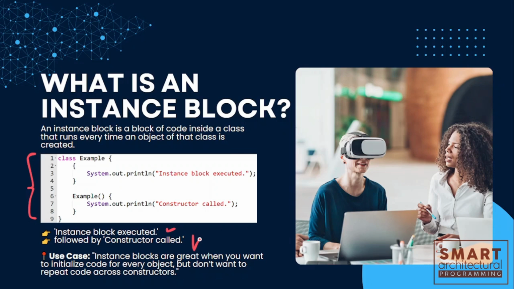They are called every time an object of that class is created, but the instance block runs first and then the constructor for the object is called. This is essential because instance blocks make sure that you can initialize code for every object without repeating code across constructors. So it's done for all objects that come out of that class.